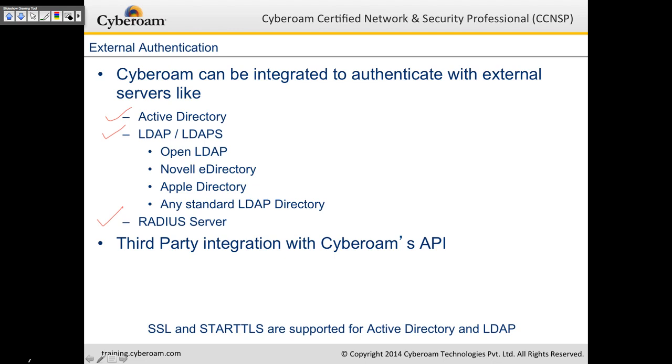So there is no need of double authentication in this case. Cyberoam doesn't ask you for logging in again, but just logs you in depending on what kind of API you are using with Cyberoam. And SSL and Start TLS are also supported for Active Directory and LDAP.